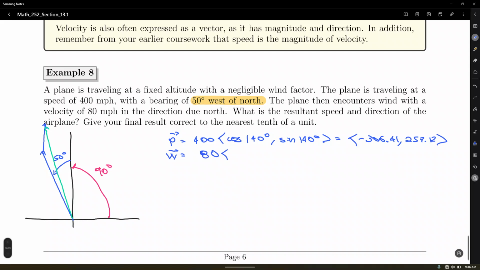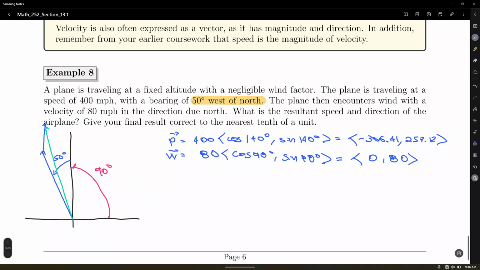I mean, you might want to represent it using trigonometric functions because the north means 90 degrees, or simply 0, 1. However, I'm going to do the trig representation. Cosine 90 is 0 and sine 90 is 1, right? And well, that will be after simplified 0, 80.